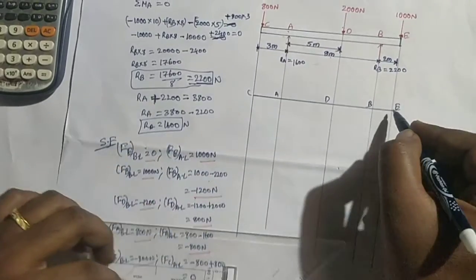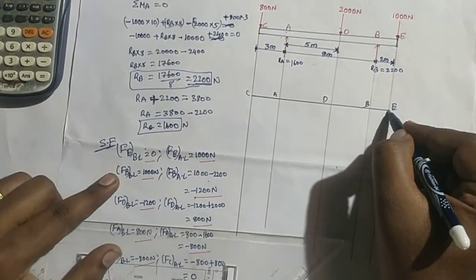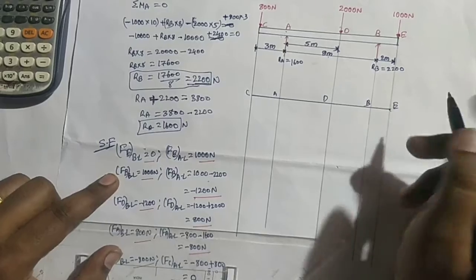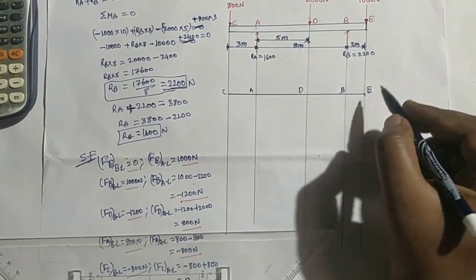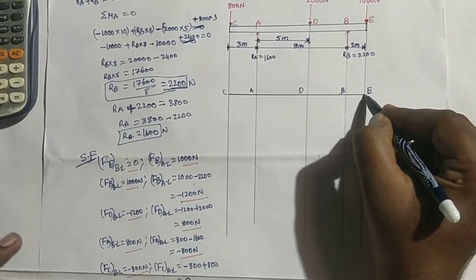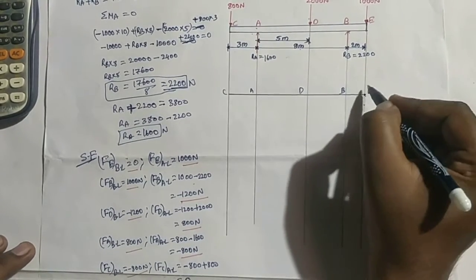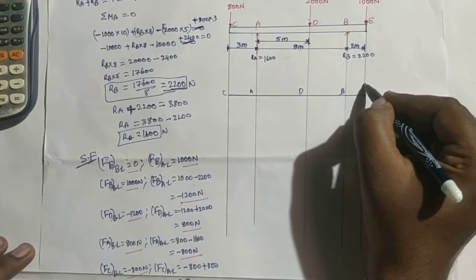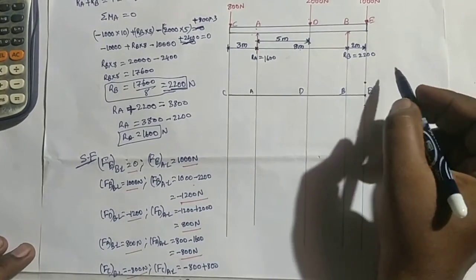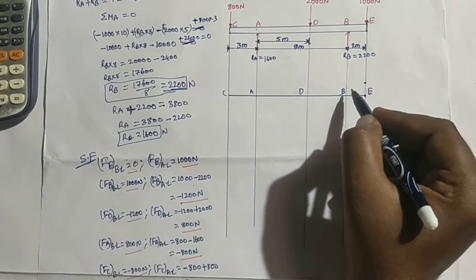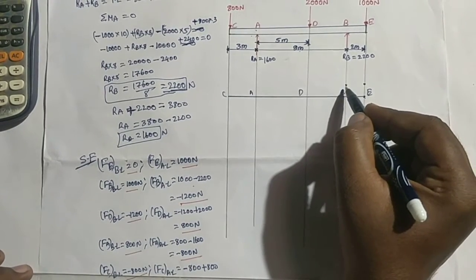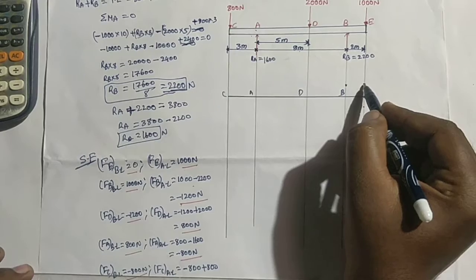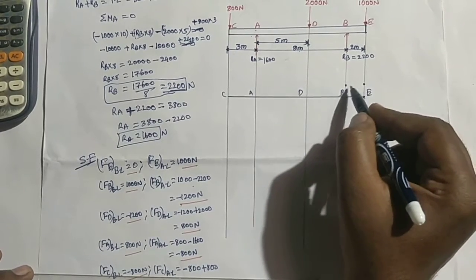Okay, at point E before load is 0. After load is 1000, which is positive, so we need to locate it above the baseline. Next, shear force at point B before load is 1000, there is no change in shear force, so the variation from point E to B is a horizontal line.